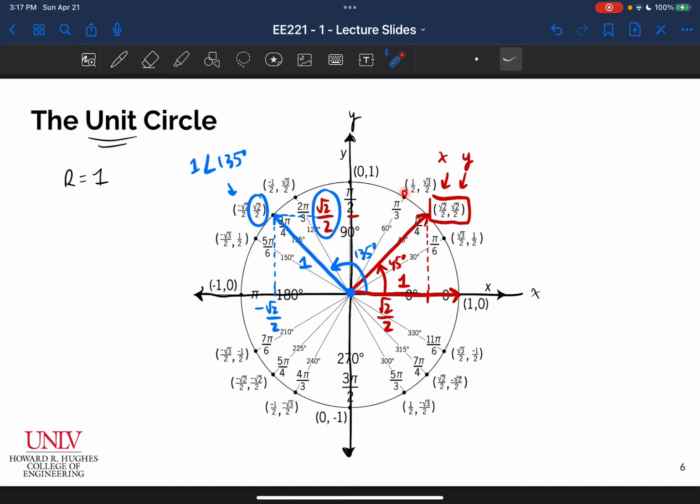And the angles here are in radians rather than in degrees. So we know that one full rotation around the circle is equal to 360 degrees. It's also equal to 2 pi radians, which is another unit for rotation that we use in engineering.